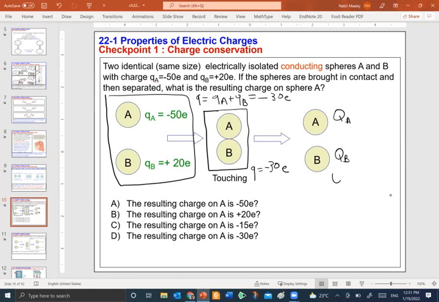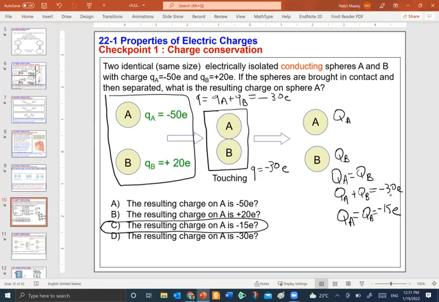We know capital QA is going to be equal to capital QB, and the sum QA plus QB is going to be equal to the initial charge, which is minus 30E. So clearly, QA equals QB equals minus 15E. So the correct answer is minus 15E.